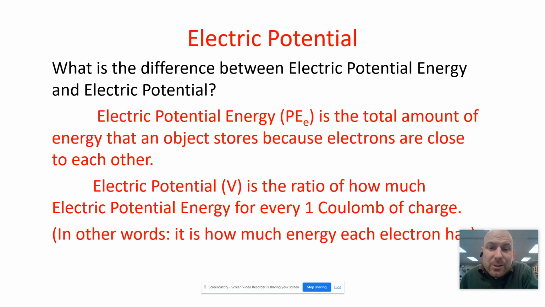Versus electric potential is the ratio of how much electric potential energy there is for every 1 coulomb of charge. In other words, it's how much energy each electron has, the ratio of energy per electron. And that's it.